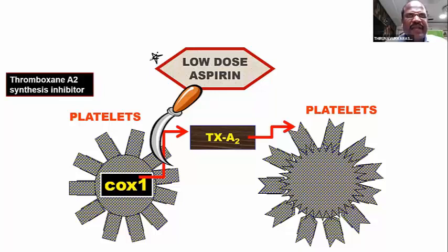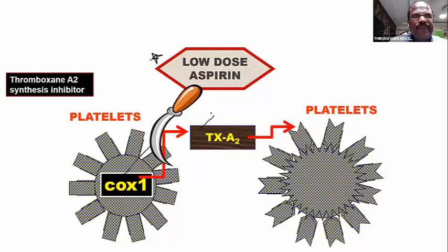How are they acting as antiplatelet? From the pharmacology point of view, the low-dose aspirin selectively inhibits COX-1 enzyme irreversibly. By inhibiting selectively and irreversibly COX-1 enzyme, they are going to inhibit synthesis of thromboxane A2.